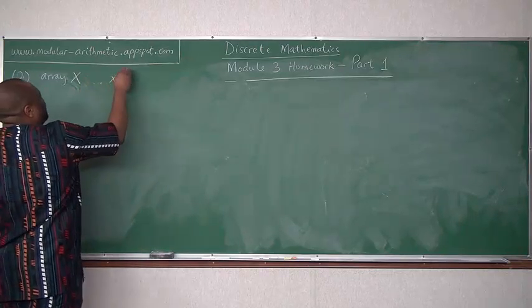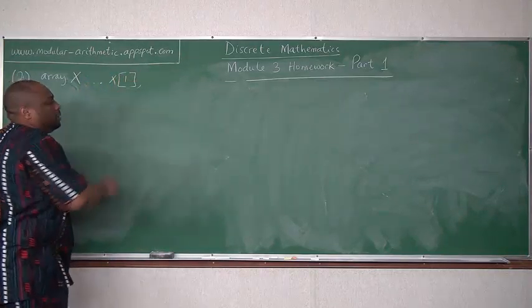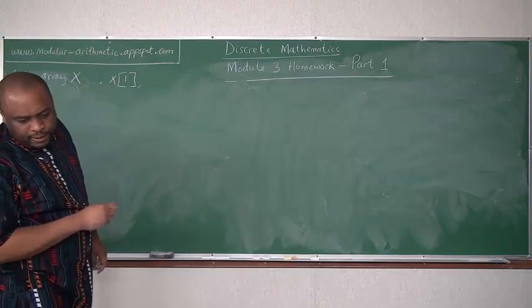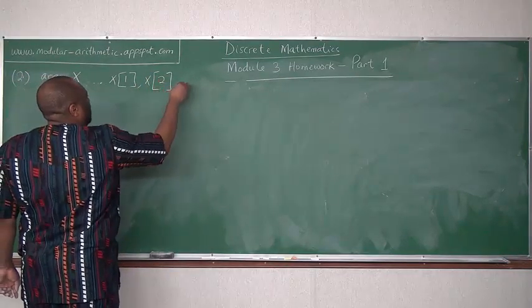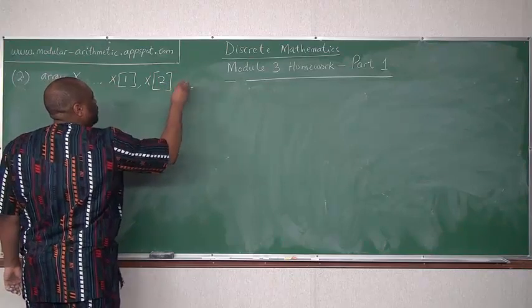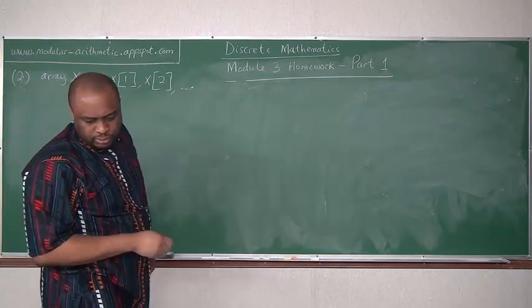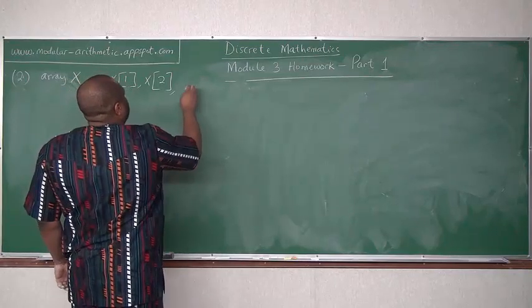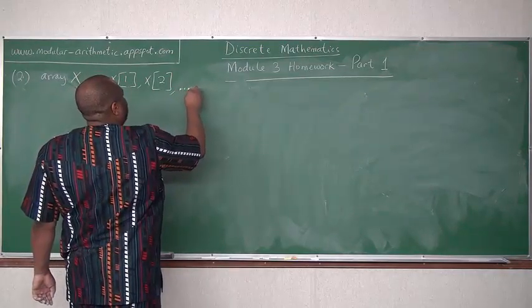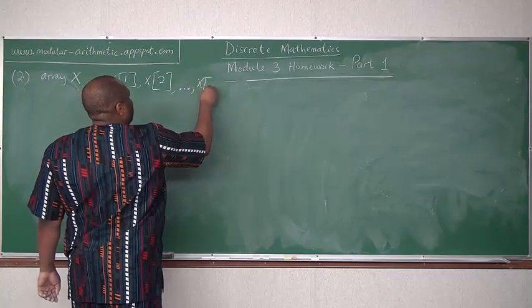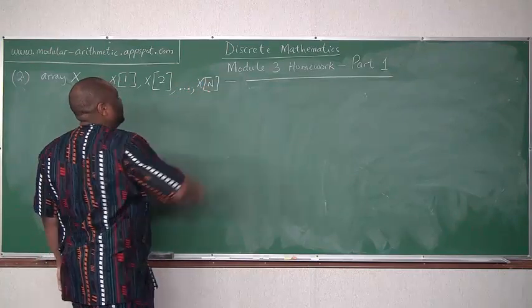You have X index 1, X index 2, up to the last element of the array, X index n. Okay?